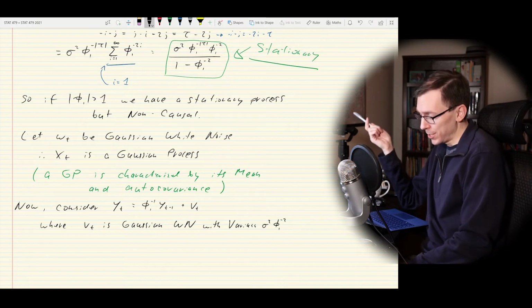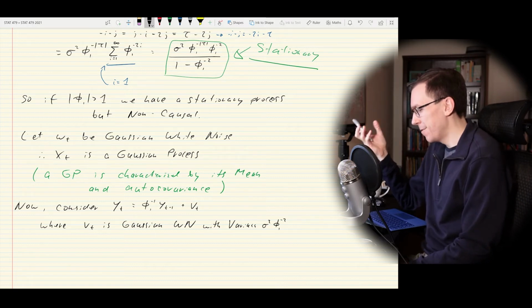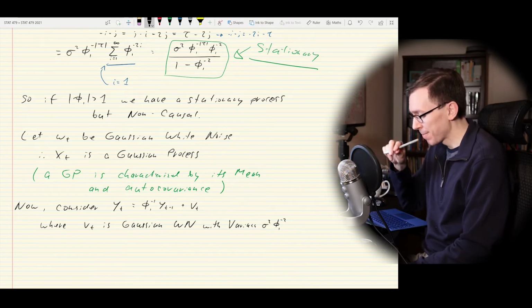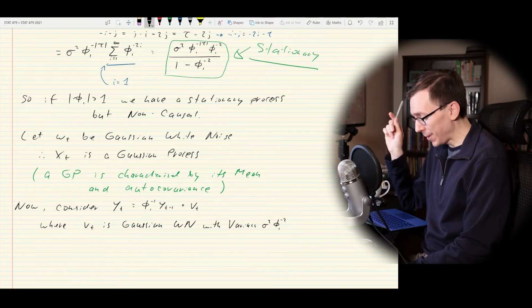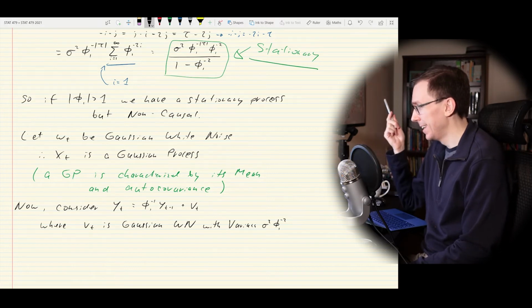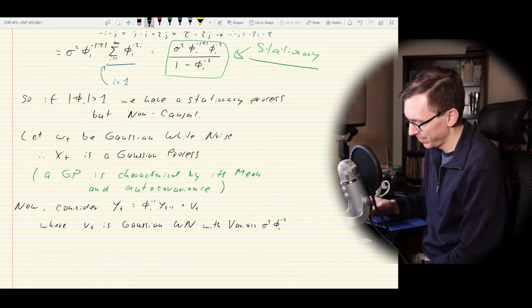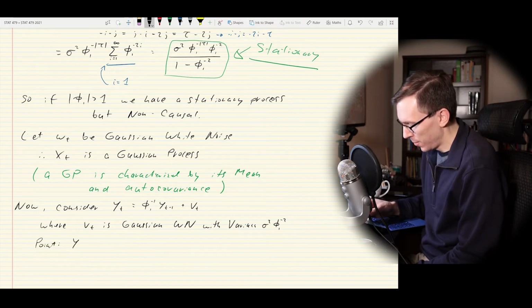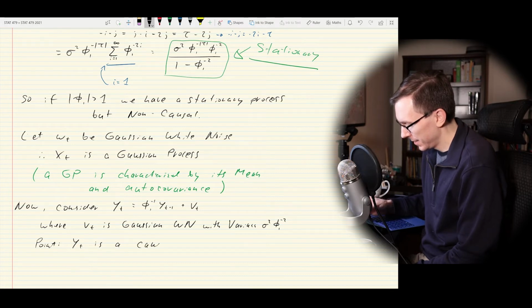So what we do is we basically take that phi coefficient and we divide the variance sigma squared by it. So what we have here is a causal, so the point is that Y_t is a causal AR(1) process.